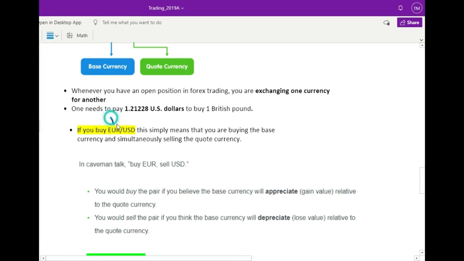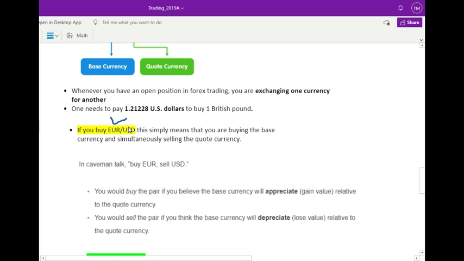So if you buy Euro USD, it's kind of wrong in a sense. But most people as traders will just say you are buying this pair, but you don't buy a pair. You buy one thing while selling another, or you're selling something while buying another. So if you buy this, it simply means that you are buying the base currency and simultaneously selling the quote currency. In layman's terms, if you are buying this, you are buying Euro, selling USD.